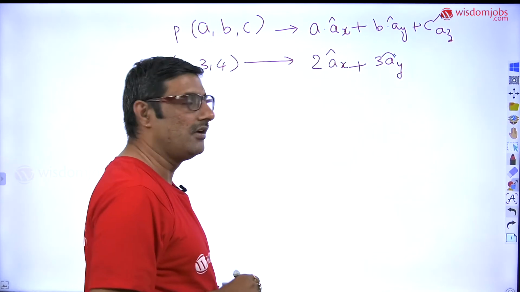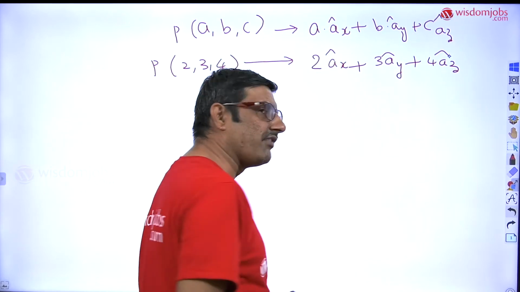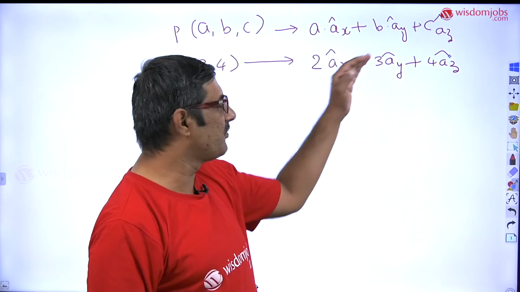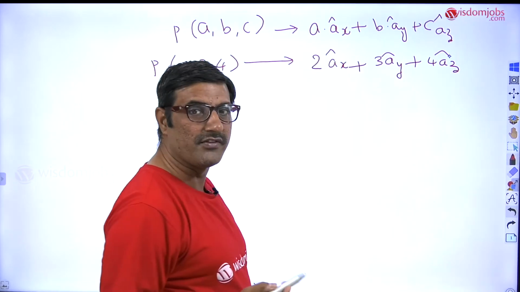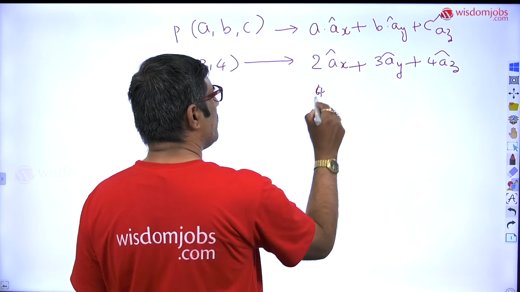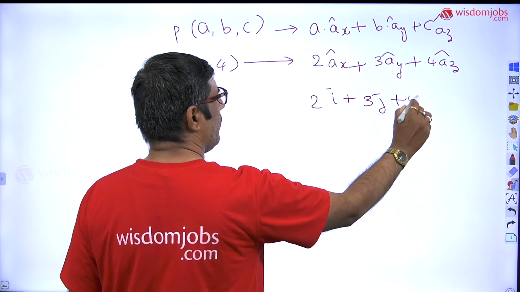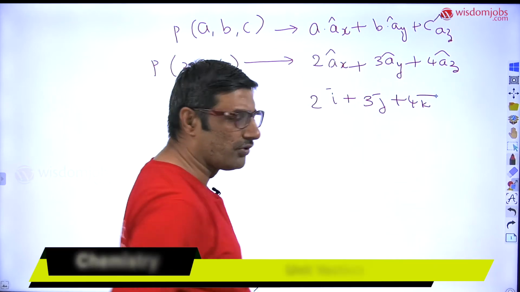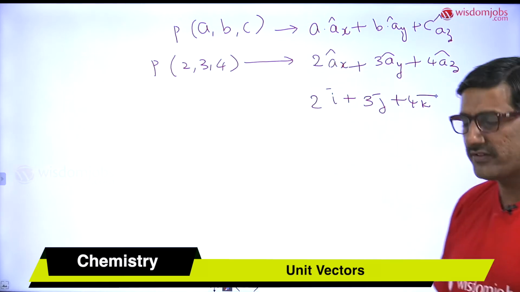And lastly, 4 az cap. This is one way of representing the position vector. Another notation is i bar, j bar and k bar: the same position vector can be written as 2 i bar plus 3 j bar plus 4 k bar. In these two notations, either is correct. Some textbooks follow the first notation and some follow the second.